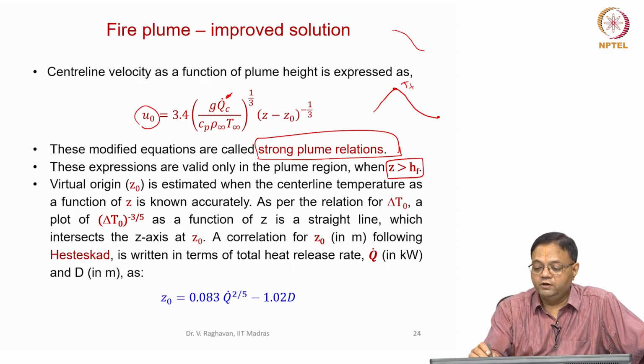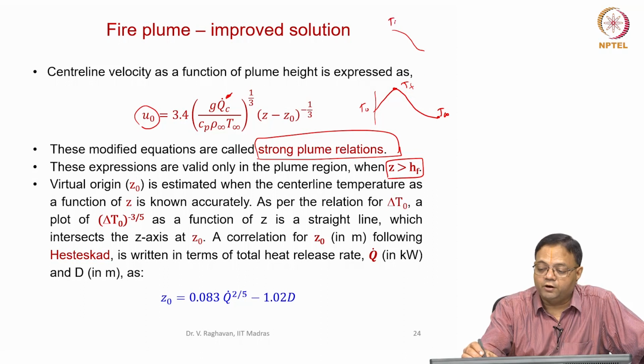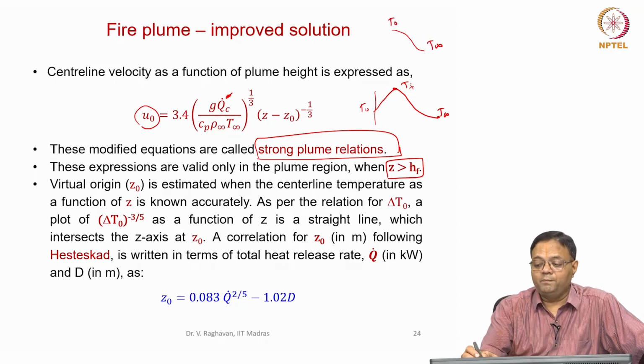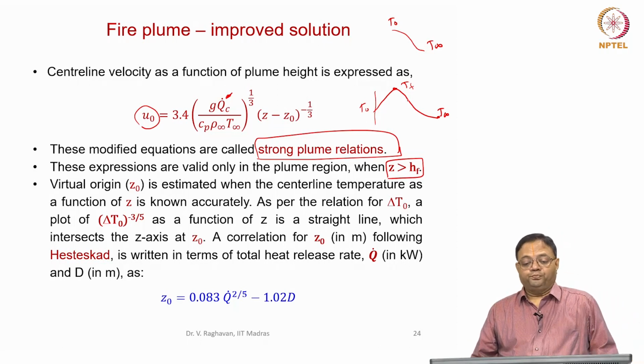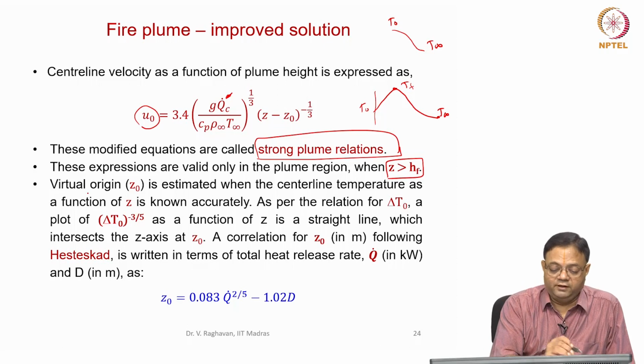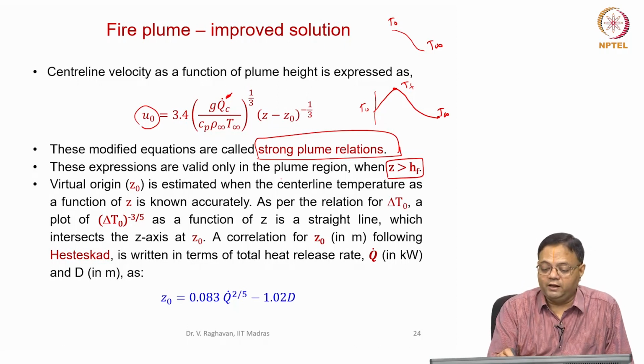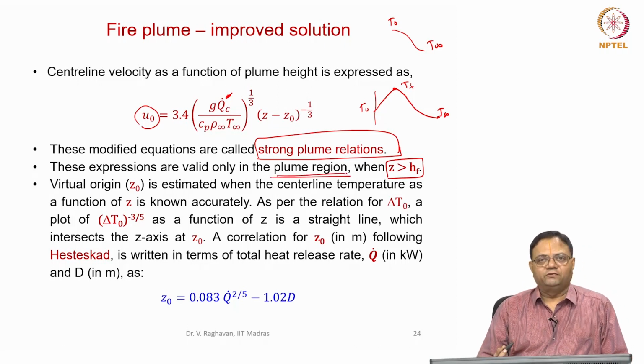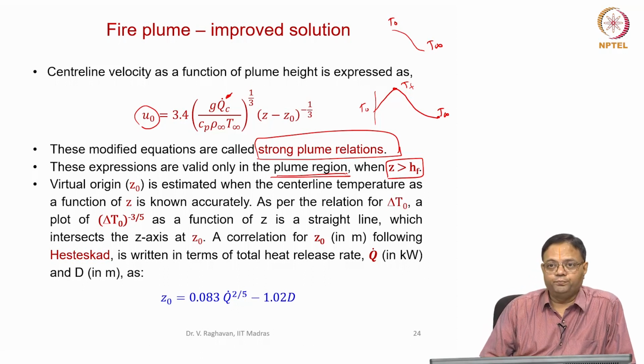This is TF, and this is the centerline temperature T naught. The maximum temperature difference will be between TF and T infinity; here it is T naught and T infinity. You can see that T naught will be much lesser than TF. So these expressions are valid only in the plume regime, obviously, because we are considering only the plume regime here.